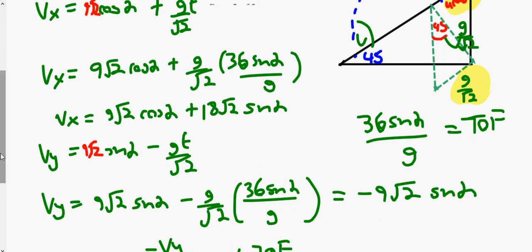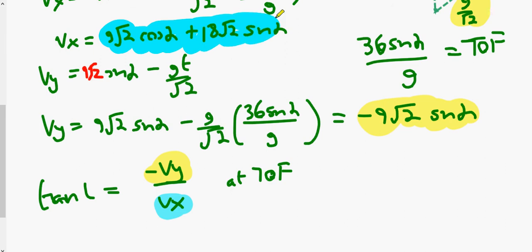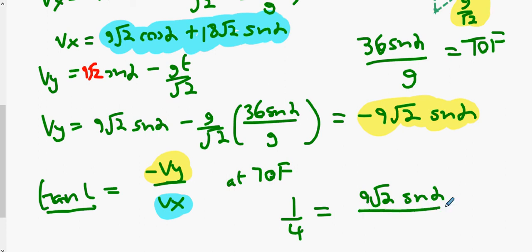And now it brings us to this part here. Yellow part. Blue part. Okay. Now, tan L is what, lads? Tan L is a quarter. A quarter has to equal 9 root 2 sine alpha over 9 root 2 cos alpha plus 18 root 2 sine alpha.